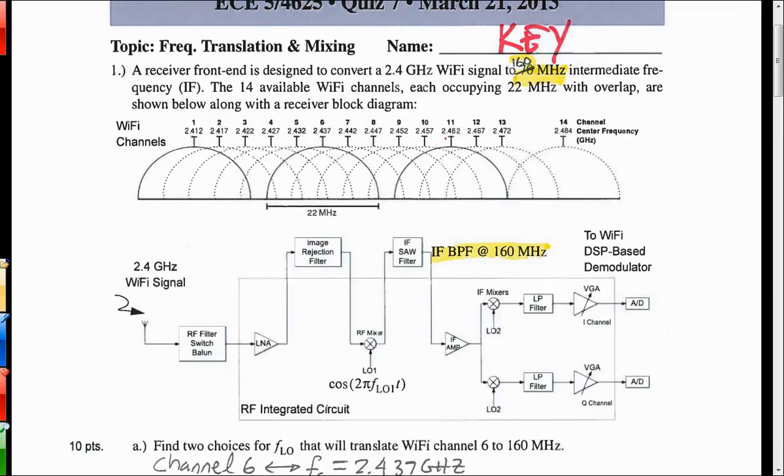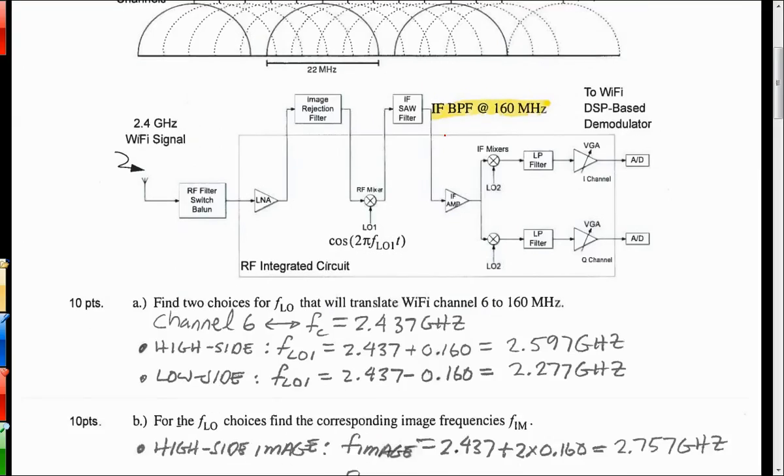What was interesting about this, the block diagram that I gave you came from an RF integrated circuit paper as I was scanning around the internet looking for something realistic. So this was an IC design, and that's the reason why the block diagram shows the image reject filter and the SAW filter drawn off that rectangle.